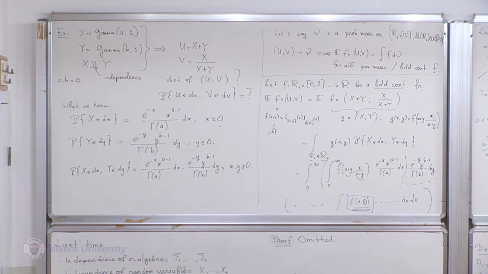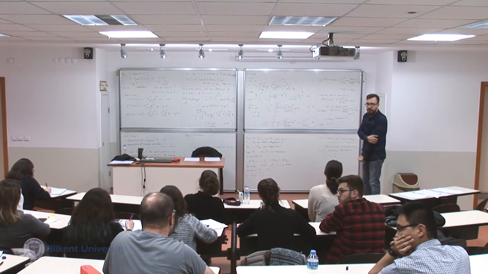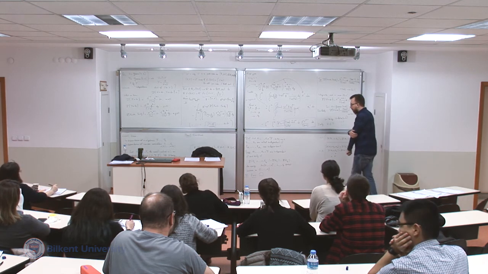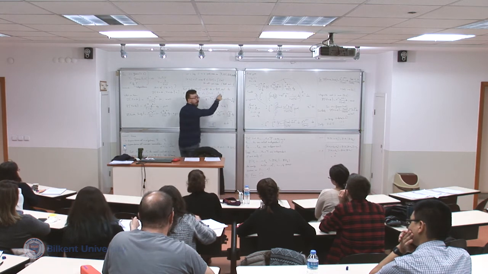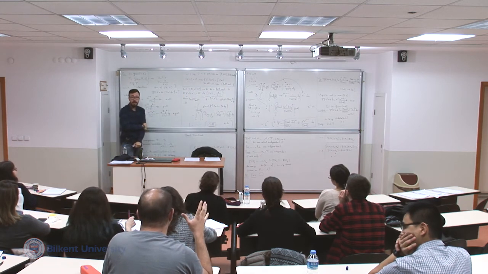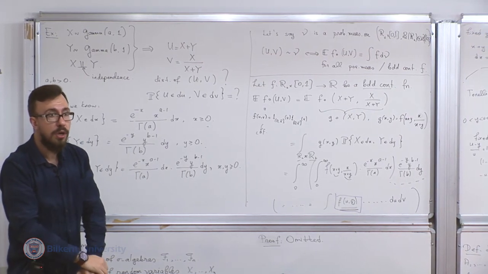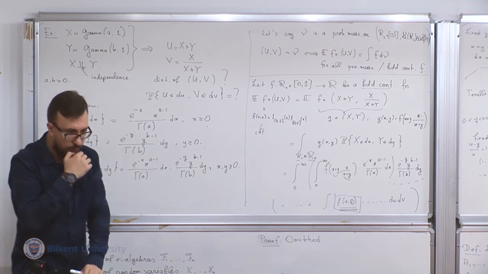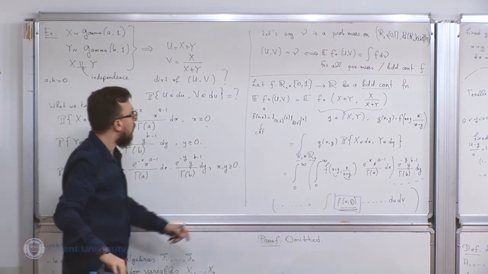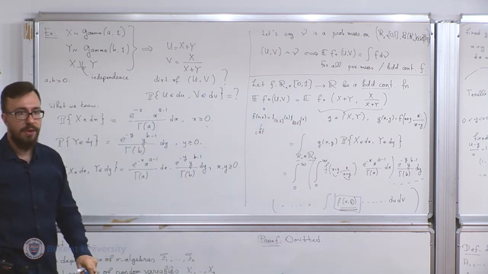Yes? Would there be any problem if I choose a specific f at the beginning and compute everything with that? Of course, there would be a problem because we have the theorem which says for all f. Yeah, I know, but for calculations, maybe there's an easier method for just a specific f if I find one. So the issue is that if you know the distribution of u plus v, it doesn't mean that you know the distribution of u and v.